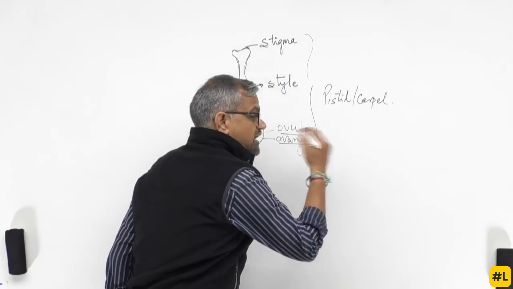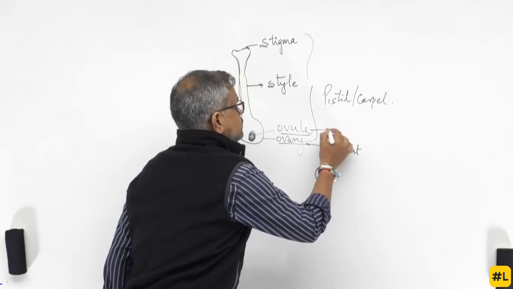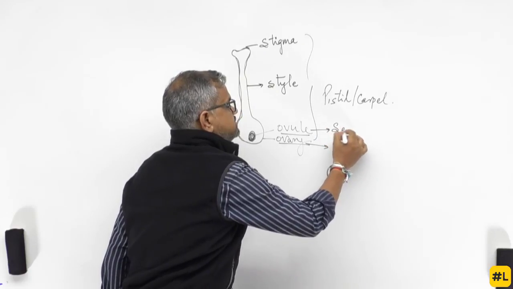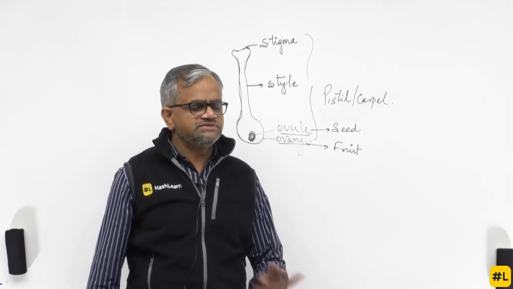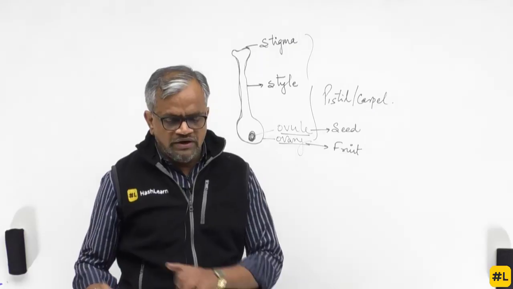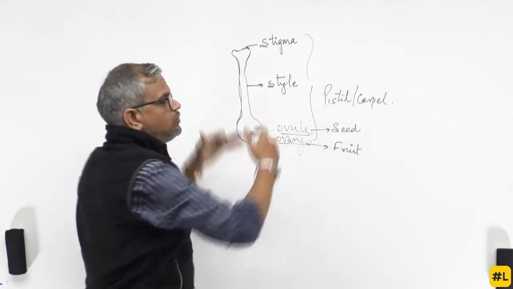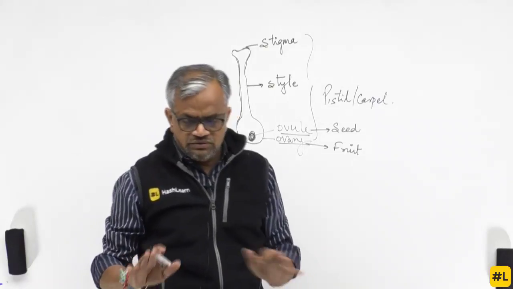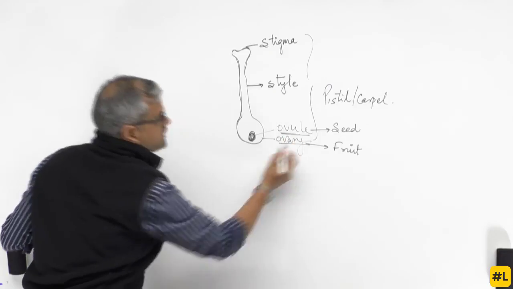When the ovary ripens, it turns into fruit, and when the ovule ripens, it turns into seed. Simple business, direct answer. A typical carpel contains stigma, style, ovule and ovary. From here, let us move to how the structure of the ovule looks.